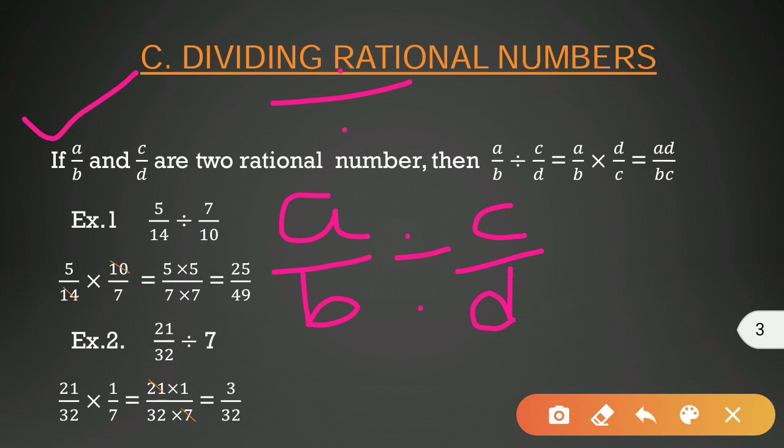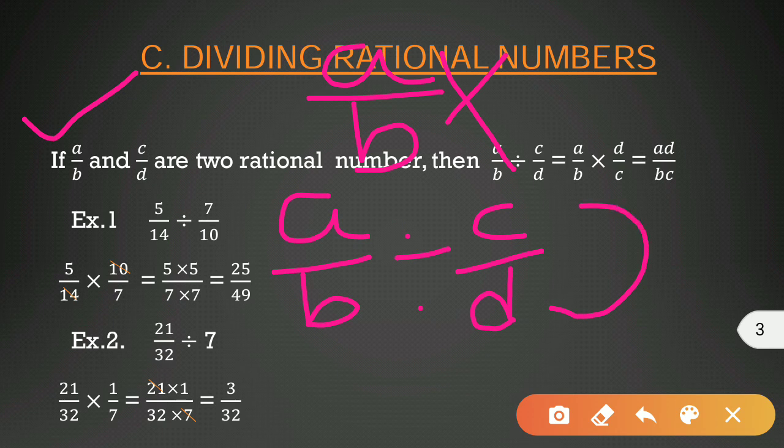That means if it is written a by b divide c by d, and you want to convert this divide into multiplication, you will write a by b. If you convert this divide sign into multiplication, this d by c will become opposite.